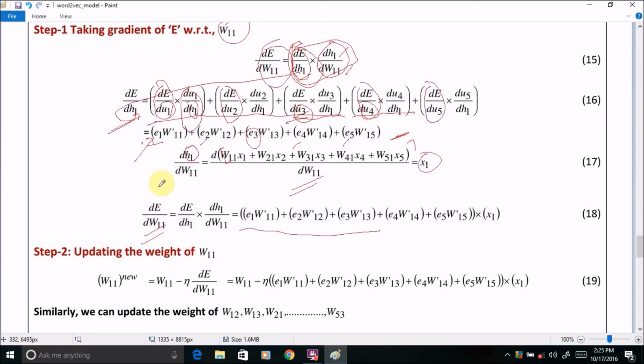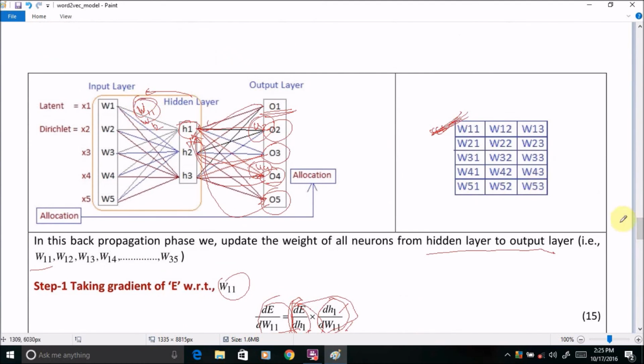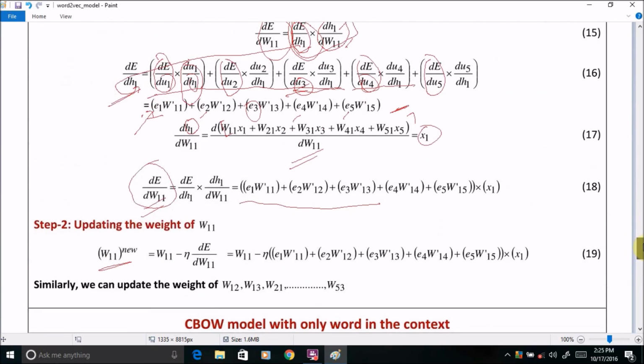Now we will use this gradient to update the weight of the neuron. The new weight of neuron W11 can be given by the old weight of neuron W11 minus the learning rate into this gradient that we calculated here, and by using this we can update the weight of the neuron.